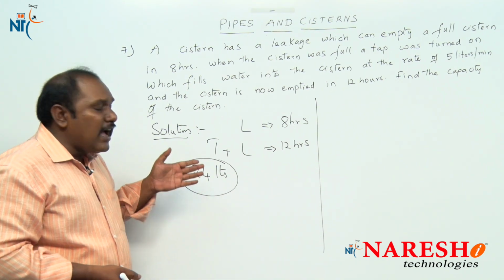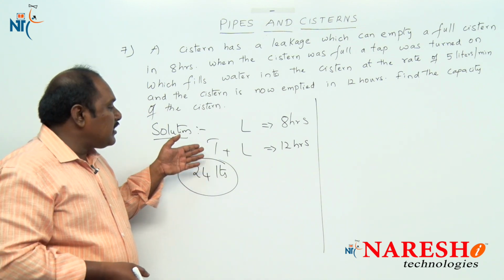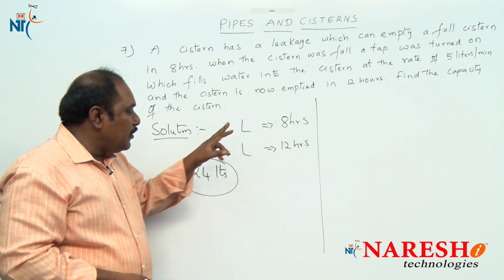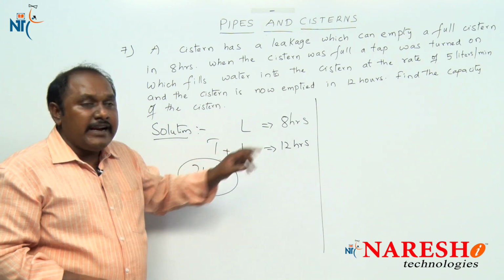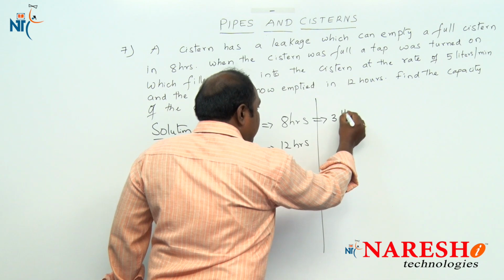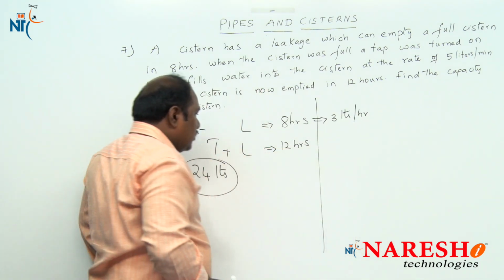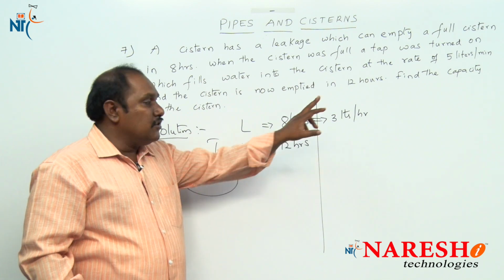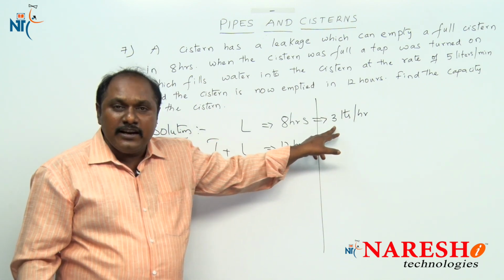Now first of all I am trying to find out how much time this tap will take to fill the tank. Leakage will empty this 24 liters in 8 hours. So per hour it empties 3 liters.